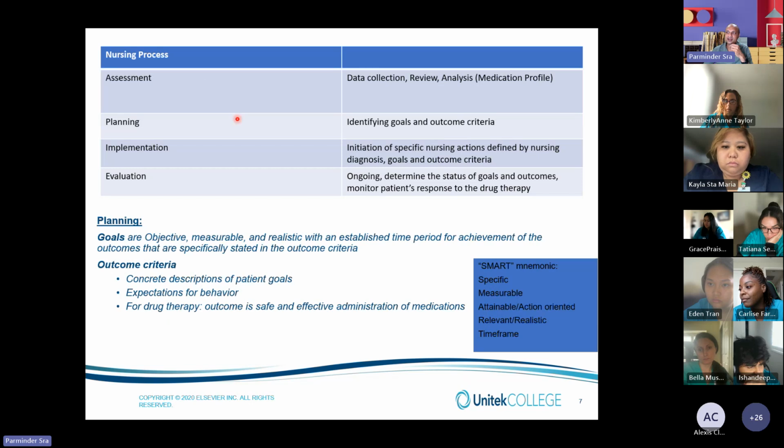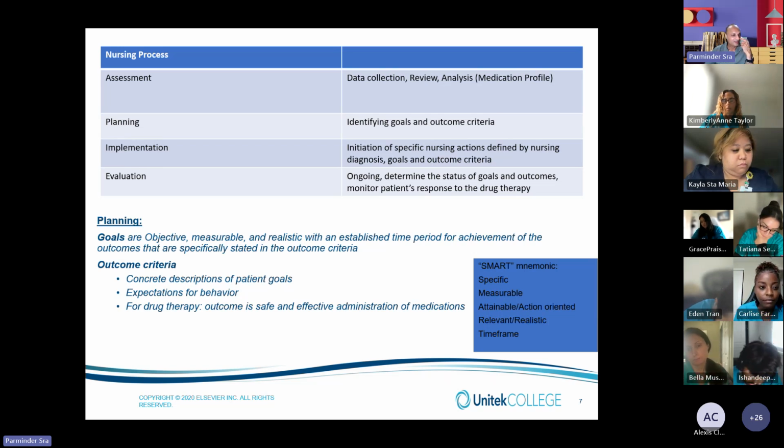So assessment, we collect the data, human needs statement, right? So subjective, objective. And then we do the diagnosis, which is missing here, sorry. Diagnosis, nursing diagnosis, and then plan. Short-term, long-term goals. Implementation, whatever the plans you have, now how do you make them work?